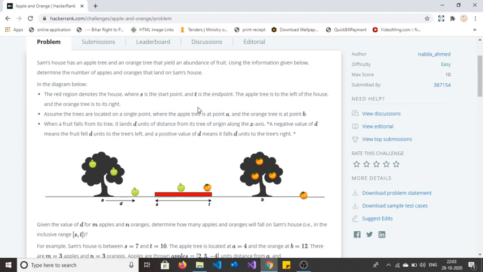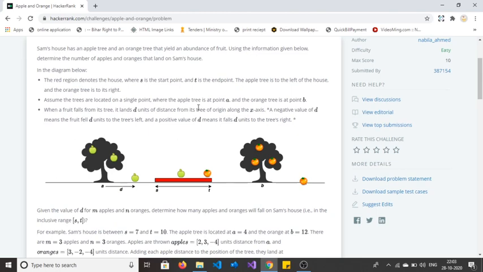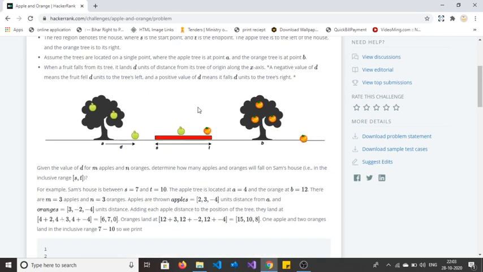The apple tree is to the left of the house and the orange tree is to the right. Assume the trees are located at single points, where the apple tree is at point A and the orange tree is at point B.